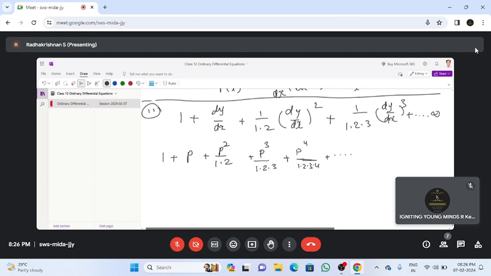What does this correspond to? Just refer to your binomial theorem.